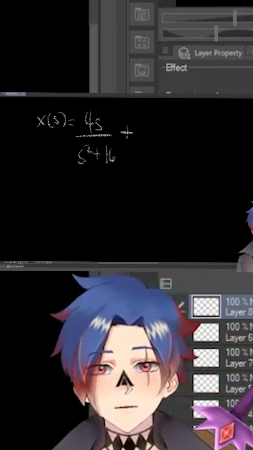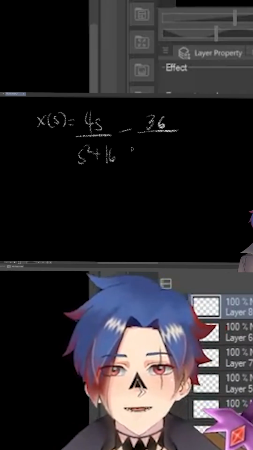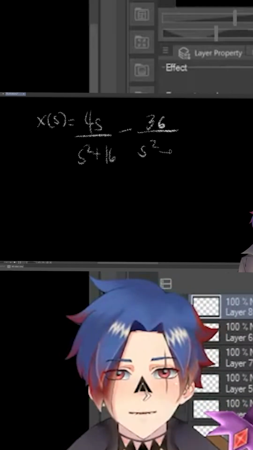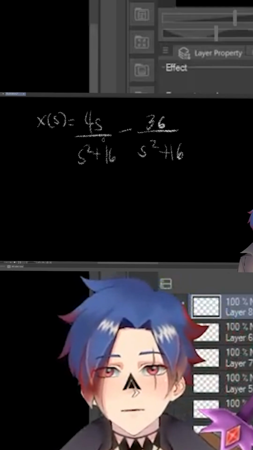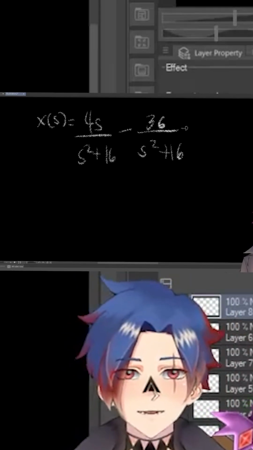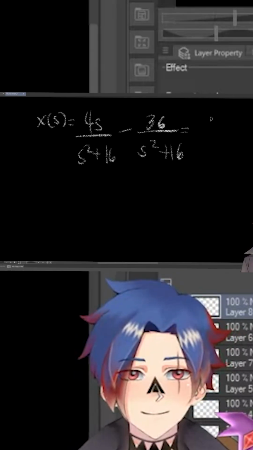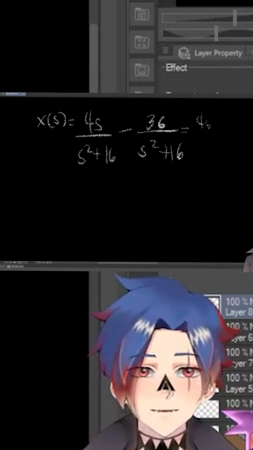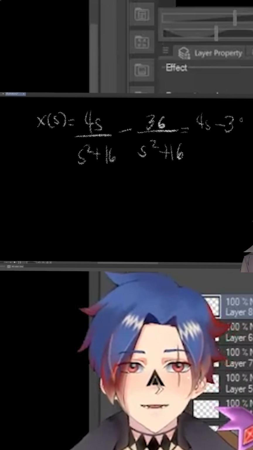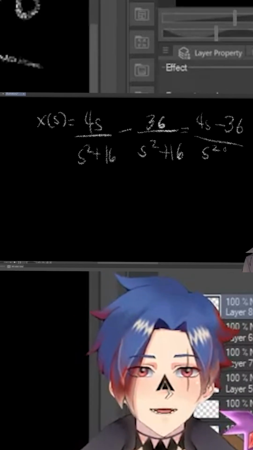Oh, it was minus 36 over s squared plus 16. Since they have the same denominator, we can combine them as 4s minus 36 over s squared plus 16.